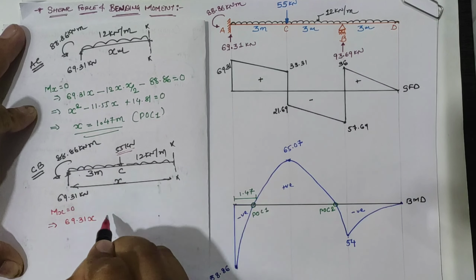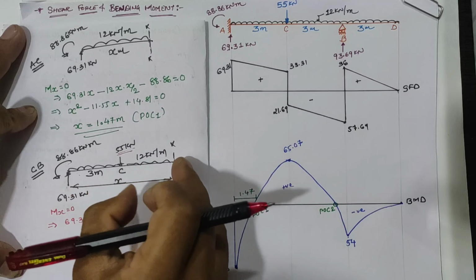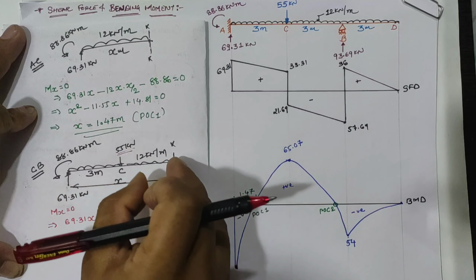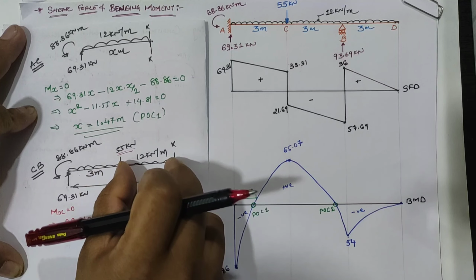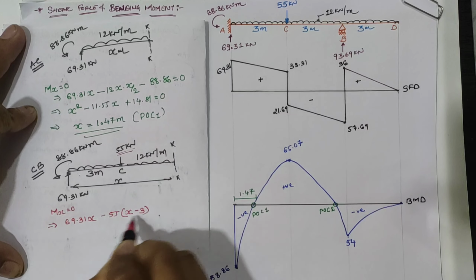Now for the 55 kilonewton load, it is minus 55 into, now from location X the total distance is X, so we have to remove the 3 meter for the 55 kilonewton load, hence the value is 55 into x minus 3.